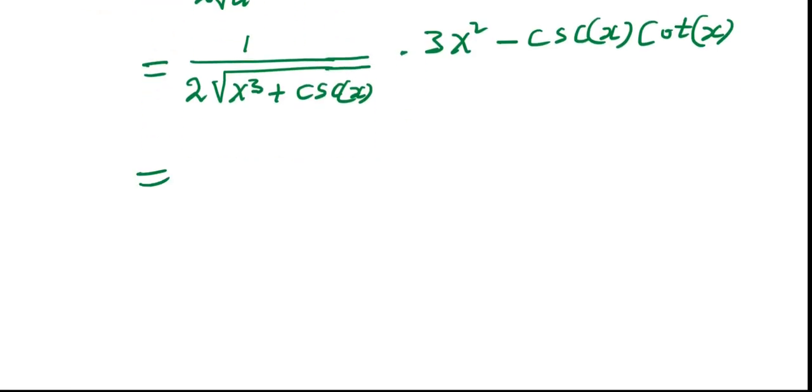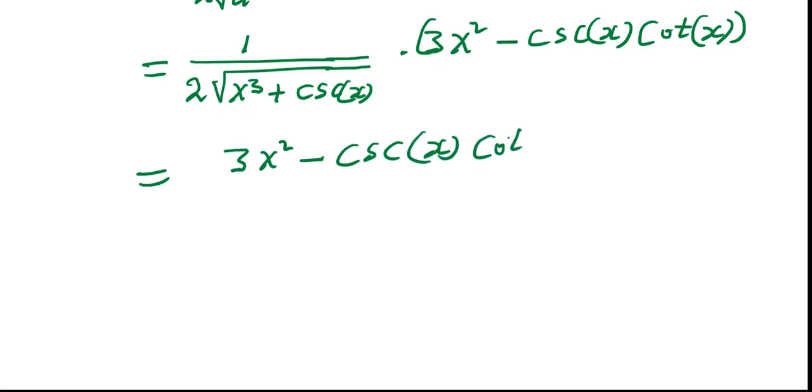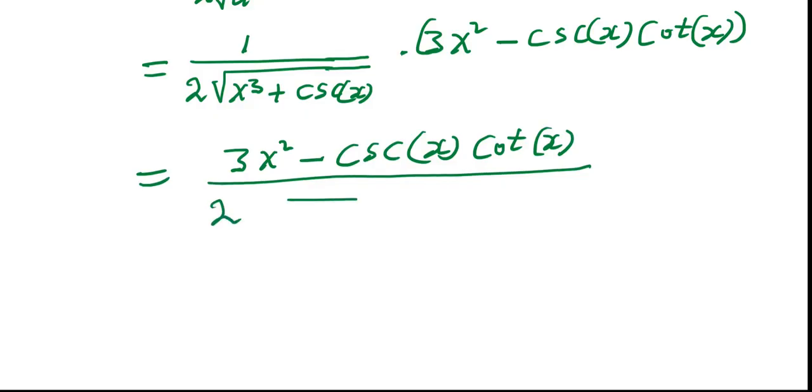So finally, if we use the whole of this to multiply 1, it's going to give us 3x squared minus cosecant x cot x over 2 the square root of x cubed plus cosecant x.